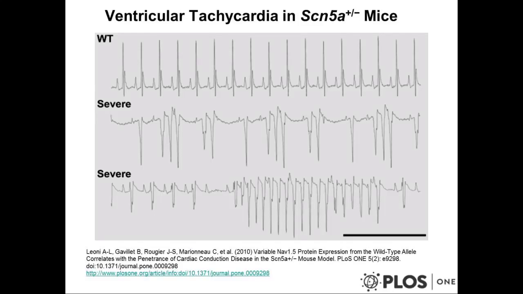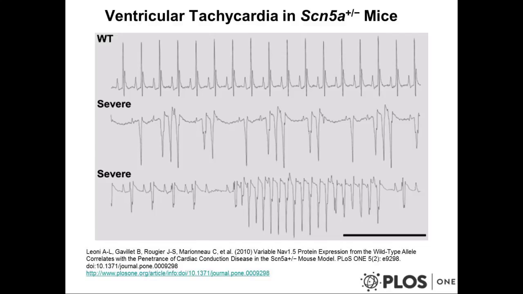So how about the mouse models? A homozygous deletion of these channels is lethal. So some groups choose a hemizygous deletion of a sodium channel. As you can see, this is the SCN5A gene, which encodes the NaV1.5 protein, which mainly underlies the cardiac sodium channel.